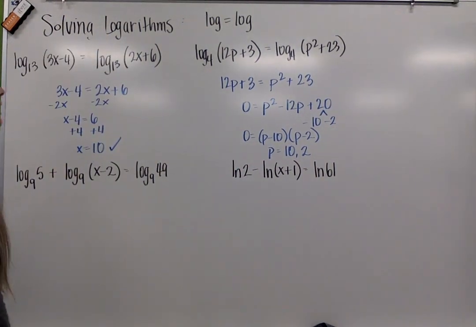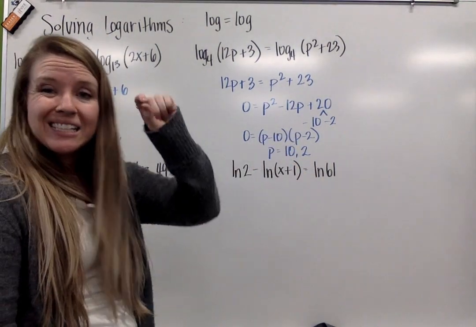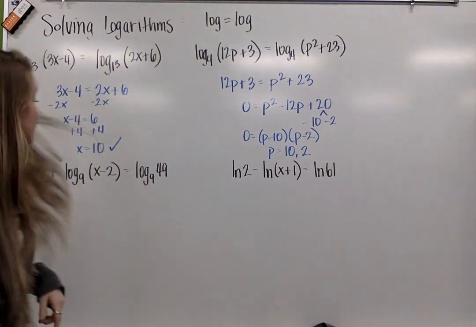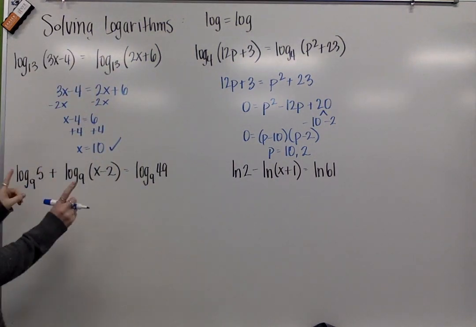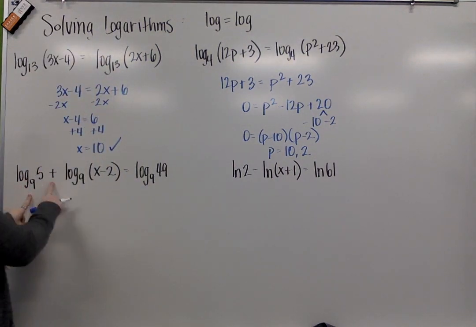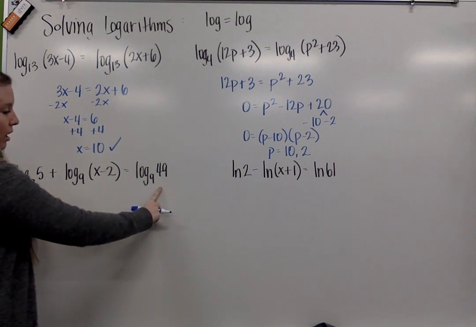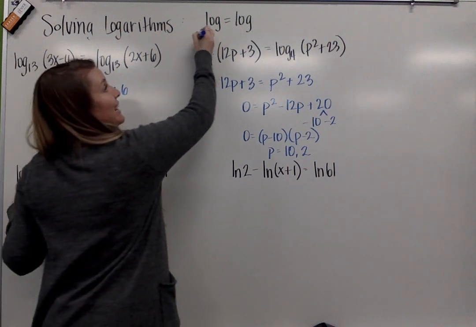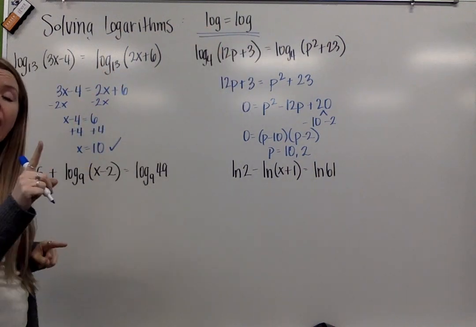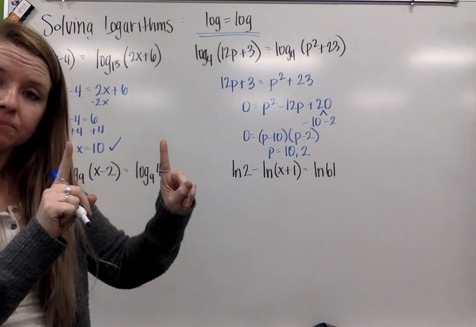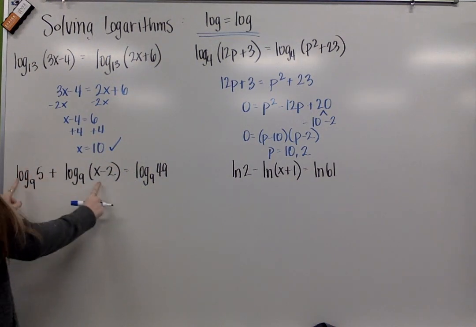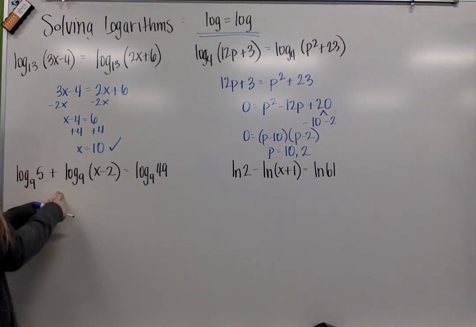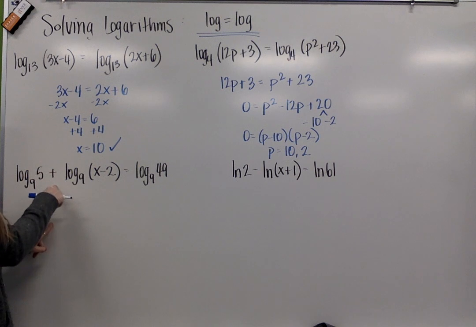All right. So my last two problems, they step it up just a little bit. So let's take a look at these guys. The difference here is I have a log plus a log equaling a log. They all have the same base, but I need this to be one log equaling one log. But I know how to condense these two logs into one with this addition.